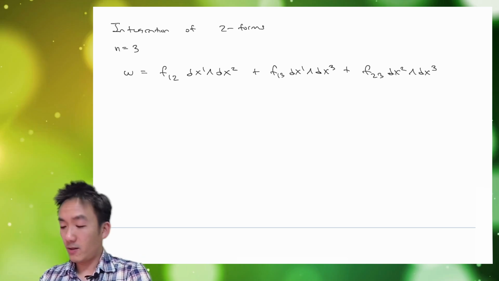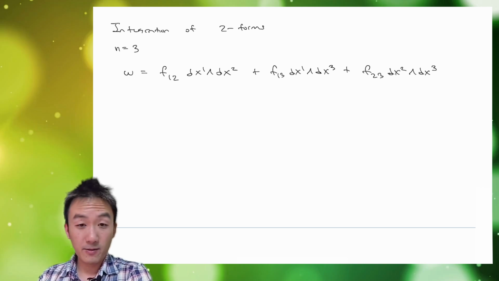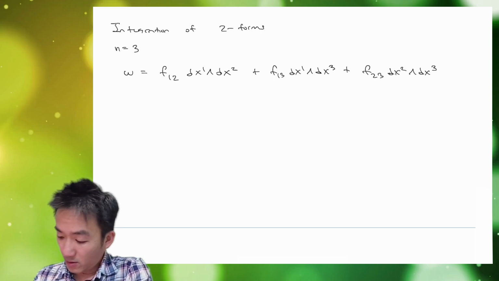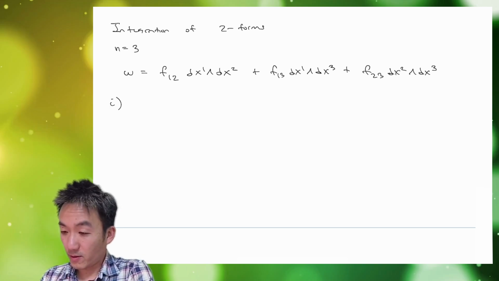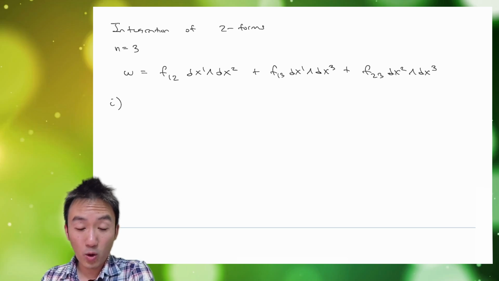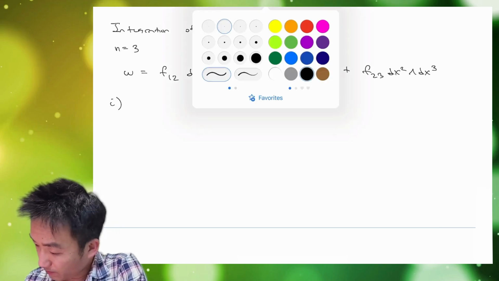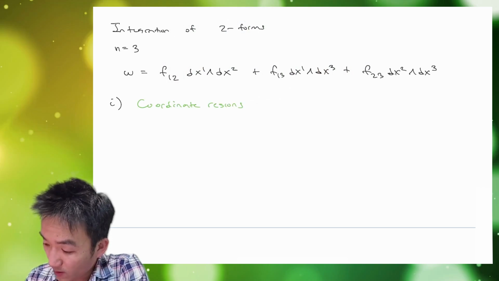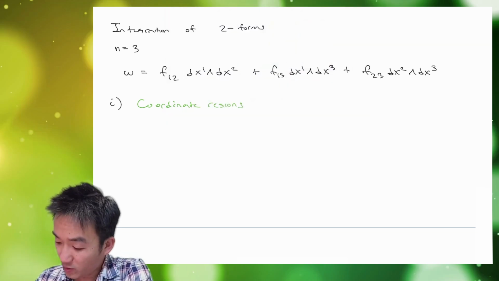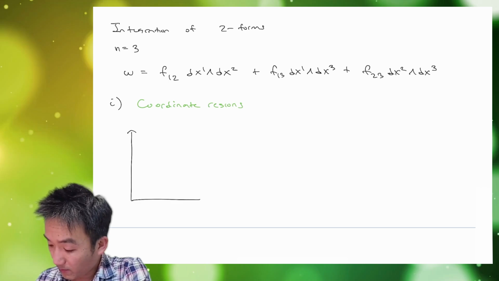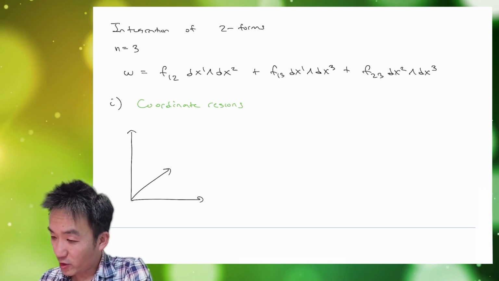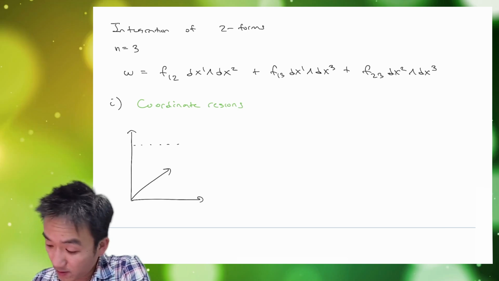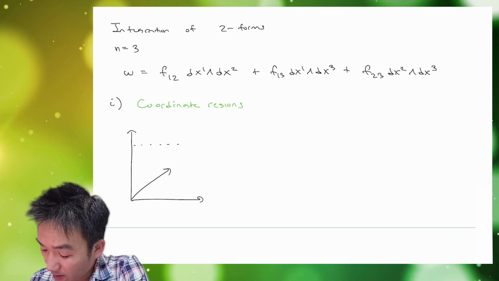And as before, I can break it up into two cases for how to do integration. So in the first case, I can integrate over especially simple regions, which are so-called coordinate regions. So I'm in a highly specialized situation where, say, my two-dimensional region of integration has the x3 component constant, right?